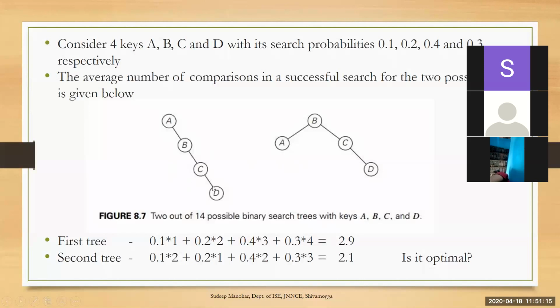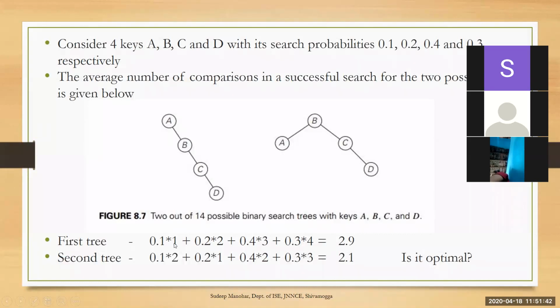Now let us calculate the average number of comparisons. For the first tree: 0.1 is the probability of searching A, into 1, since A is the root node itself and only one comparison is needed.